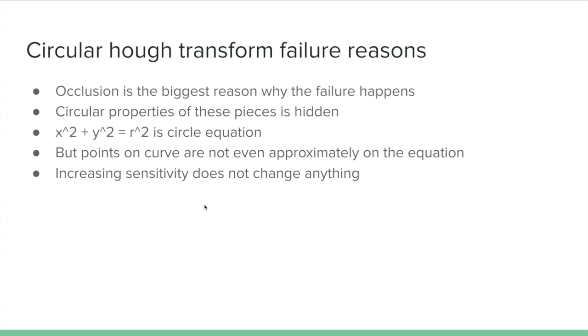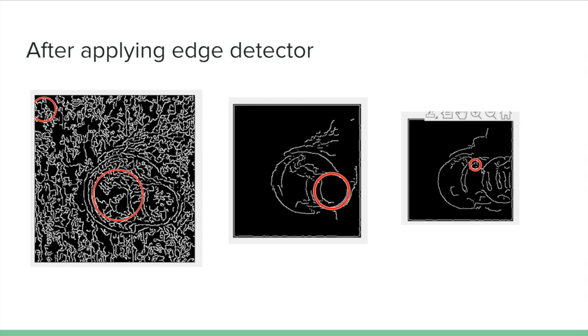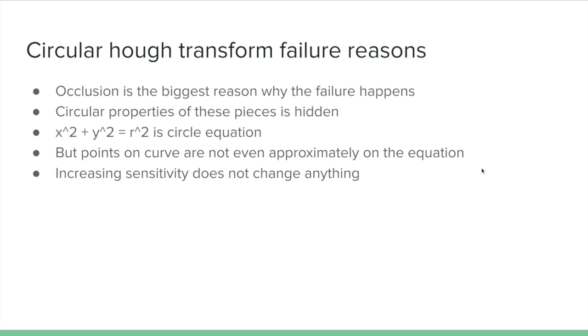Occlusion, like I said, is the biggest reason. Circular properties of these pieces are being hidden because of that. And obviously, x squared plus y squared equals r squared is the circle equation that's being used to detect each of these circles. But the points on the curve, like I said, right here, are not even close to being on the equation, and that was the biggest problem.